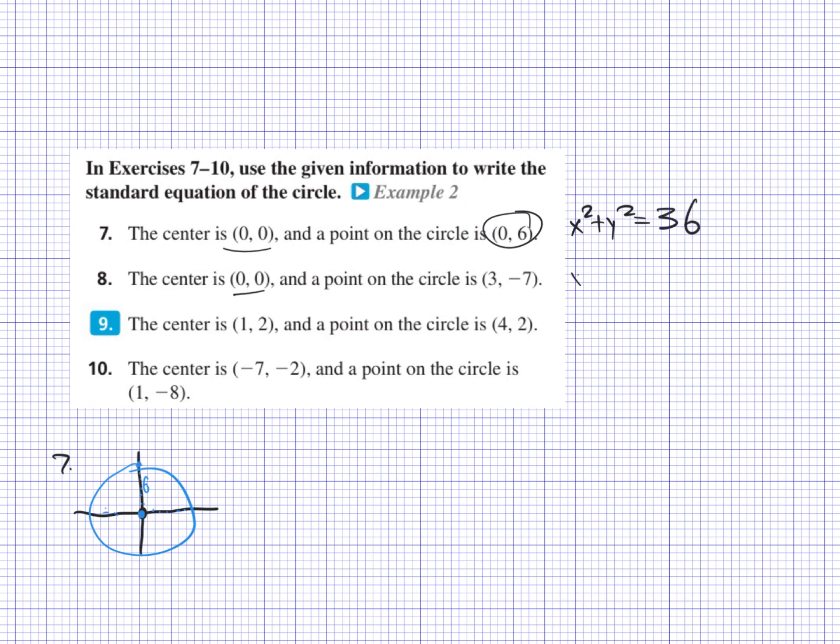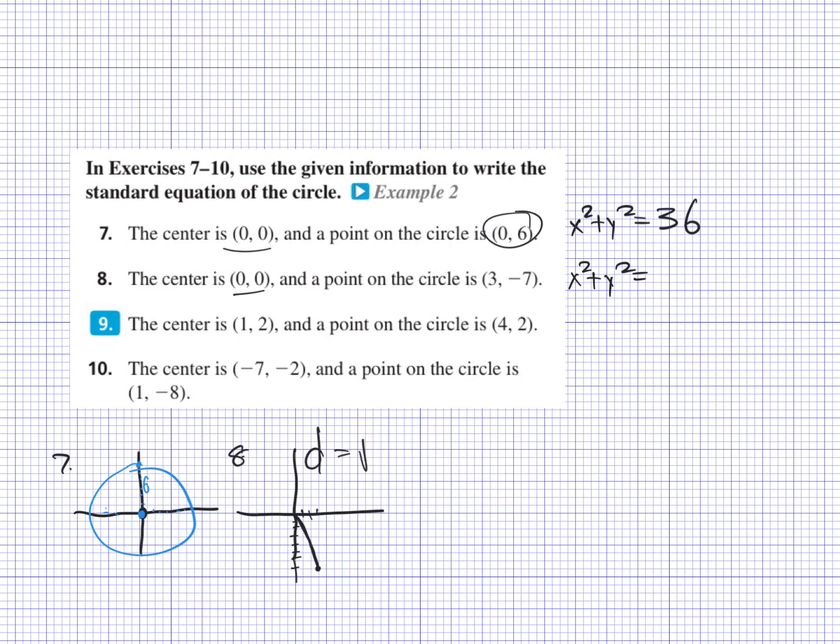Same thing in number 8, x squared plus y squared. And now the point 3, negative 7. So for number 8, we want 3, and then negative 7: 1, 2, 3, 4, 5, 6, 7. That point's on the circle. Now the issue is, what is that distance? You have to use the distance formula.